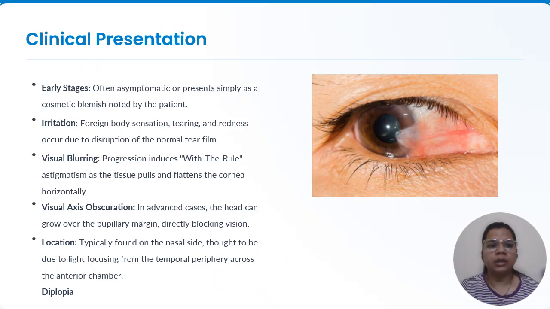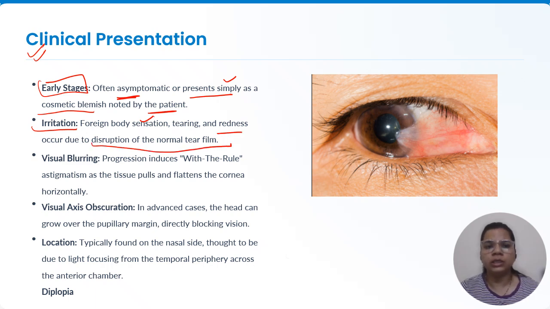So next is the clinical presentation of the condition. First, in early stages, it is often asymptomatic and may present as a cosmetic blemish noted by the patient. There is slight irritation and foreign body sensation with redness due to disruption of the normal tear film.